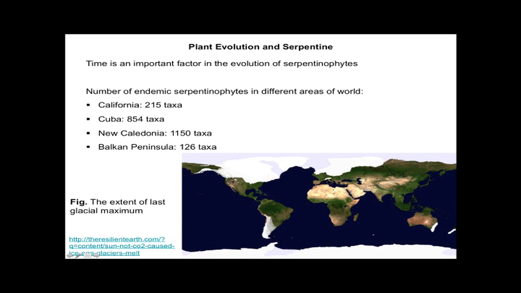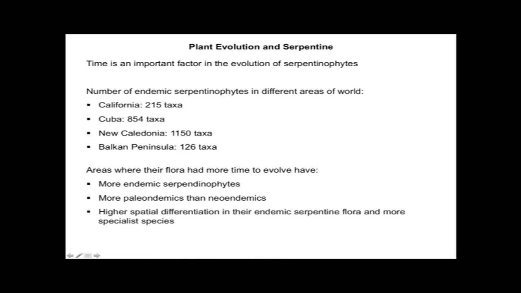In general, in areas that have been covered by glaciers in the past, we cannot find endemic serpentinophytes. Or we can find just some endemic subspecies, not species. In general, in areas where the flora had more time to evolve, not disturbed by glaciers or other environmental changes, more endemic serpentinophytes exist.